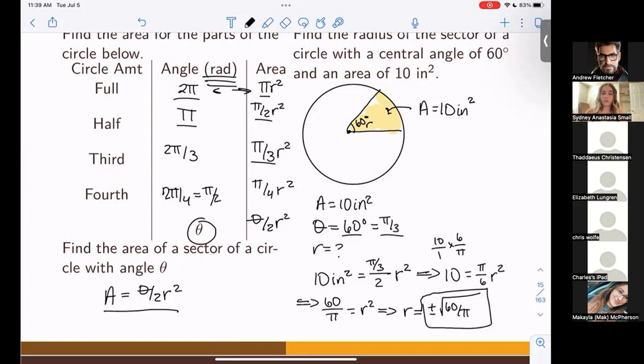If I hand you a circle with a radius, it's not going to be negative. So in this case, we do not need to worry about the negative case, but you should still always make that mental check, because sometimes when working with square roots, you will need both answers. So our final answer is just the square root of 60 over pi.